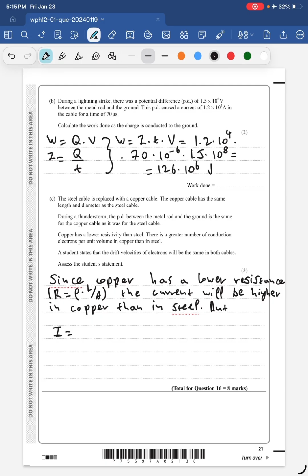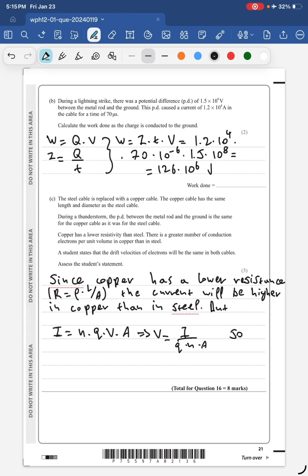But current is equal to N times Q times V times cross-sectional area. So the drift velocity is equal to the current over Q times N times cross-sectional area.